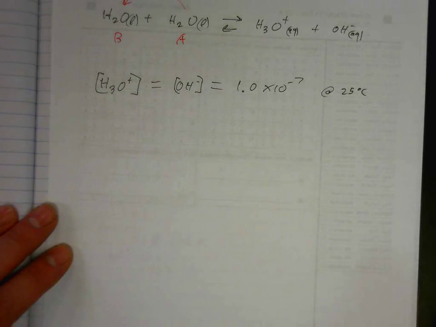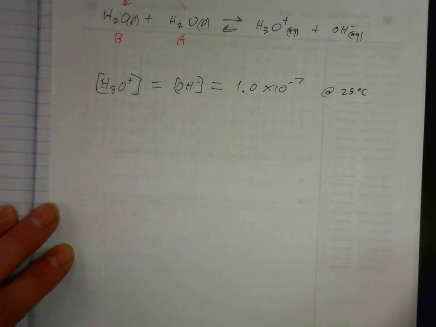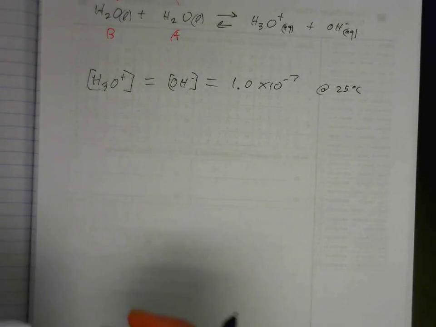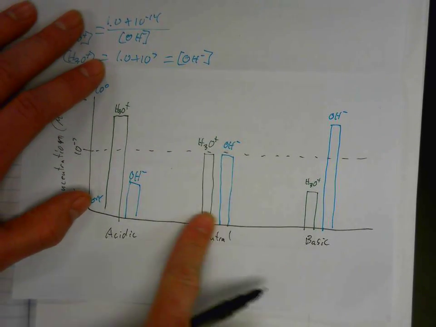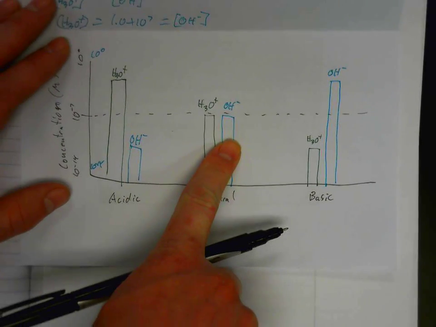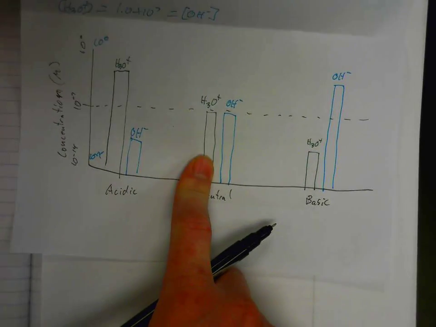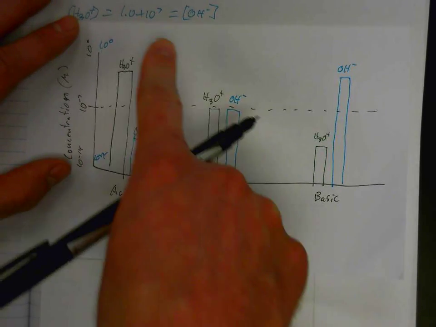Now, for a neutral solution of pure water, the hydronium and hydroxide concentrations are the same. But when something is more acidic, the hydronium is higher than the hydroxide, and if it's basic, the hydronium is less than the hydroxide.